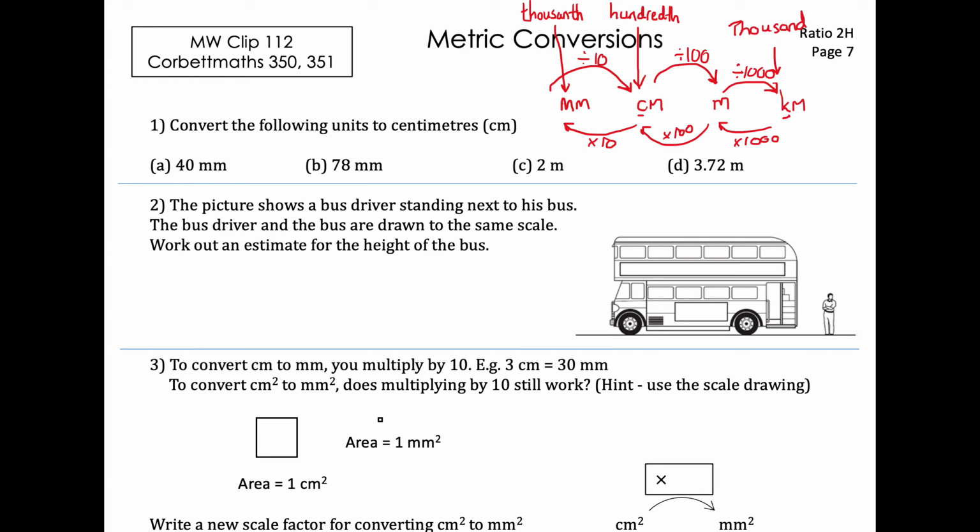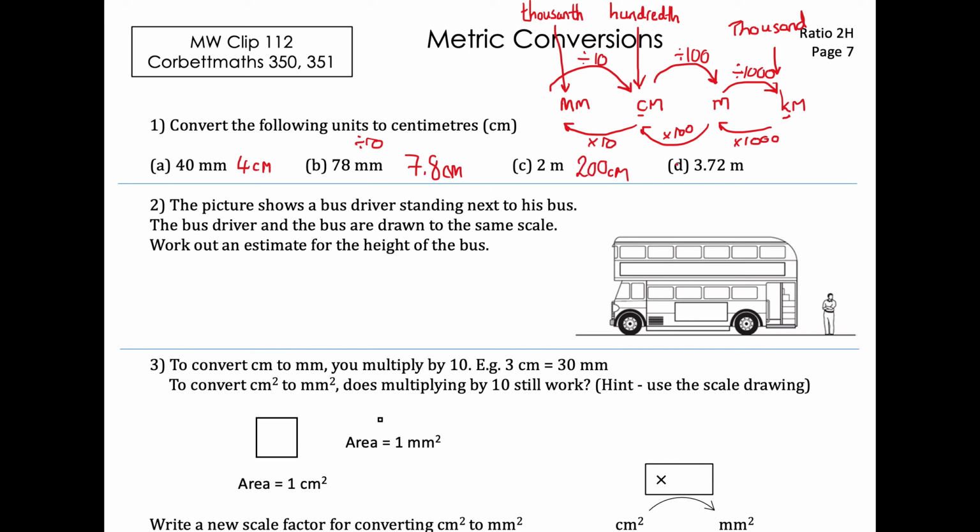So 40 millimetres, to turn that into centimetres, I'm dividing by 10, so that is 4 centimetres. 78 millimetres, I'm doing the same thing, I'm dividing by 10, so that would be 7.8 centimetres. 2 metres, I am timesing by 100 to turn that into centimetres, so that's 200 centimetres.